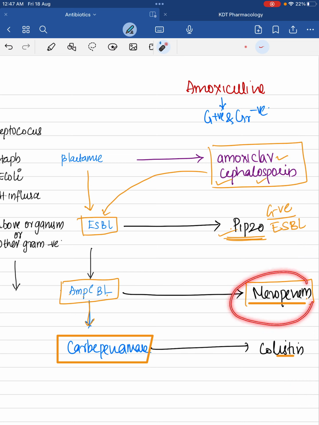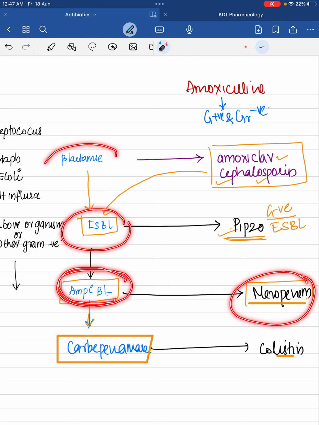So see, meropenem can act against bacteria even if they produce AmpC beta lactamase, extended spectrum beta lactamase, so first generation beta lactamase. That's why meropenem is more superior to Pibzo.